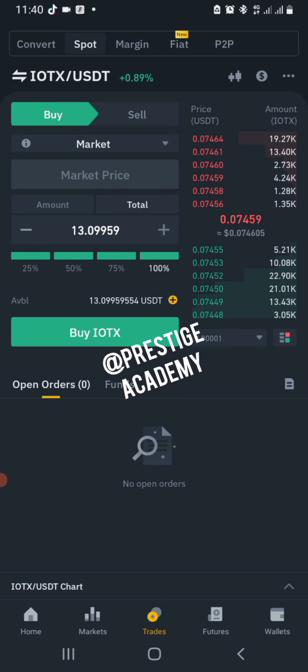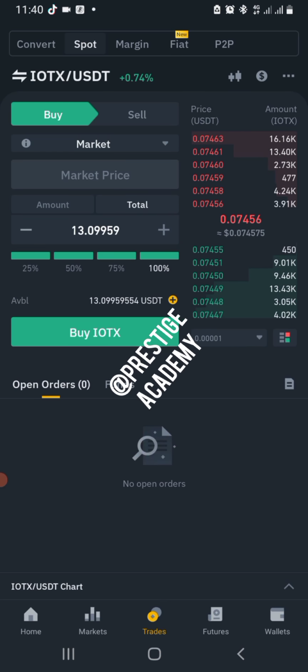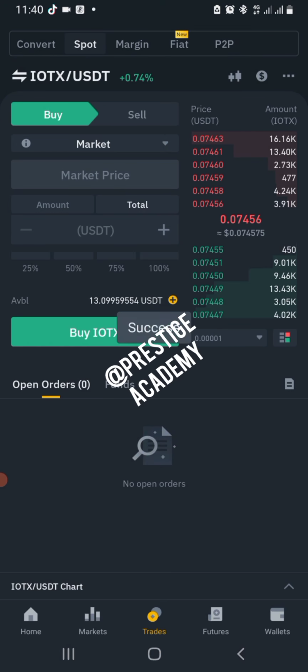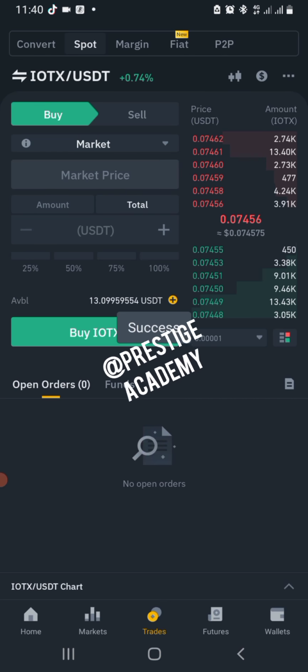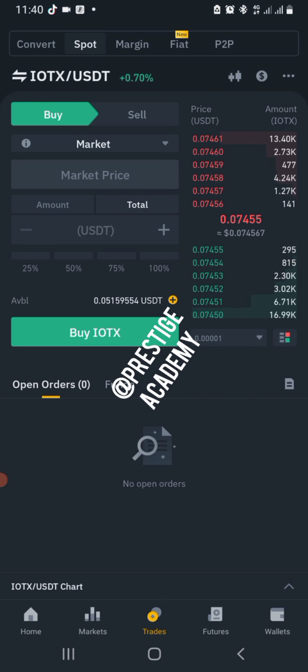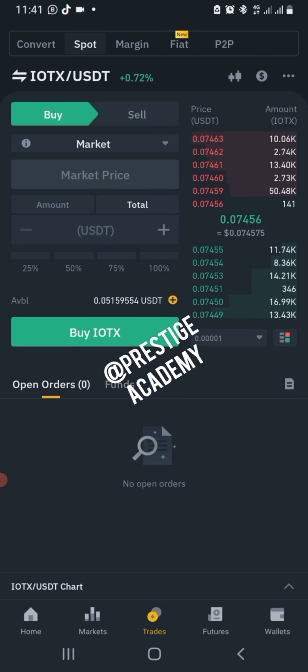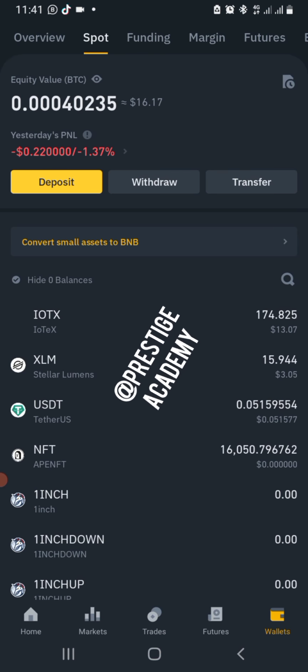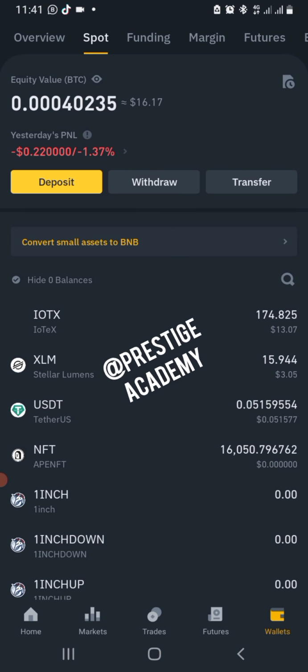That means I am owning that asset. Let's click on buy. It has automatically bought the asset for me. Now it's in my spot wallet. Let's check it out. Spot. All right, it has refreshed, and this is it.